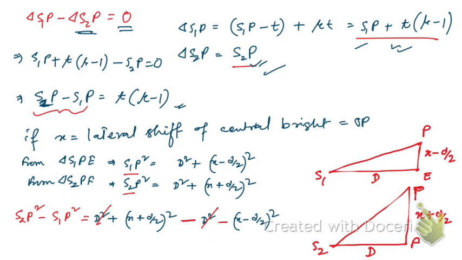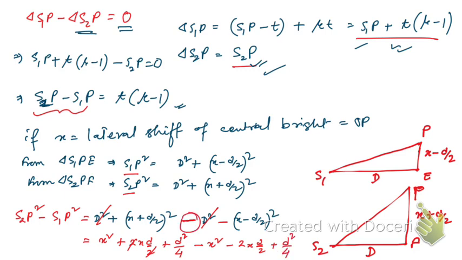So if you simplify this on the right hand side, x square plus 2 into x into d by 2, plus d square by 4, then minus x square minus 2 into x into d by 2, plus d square by 4.